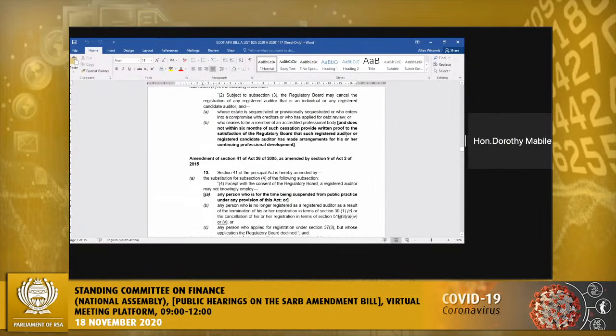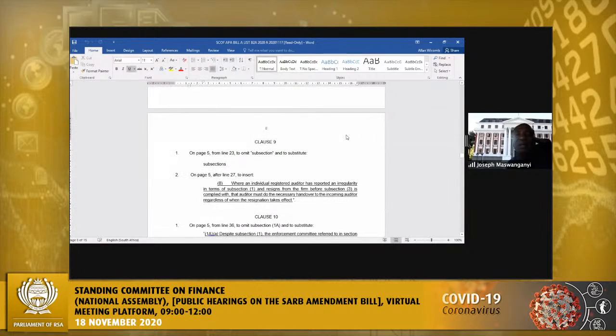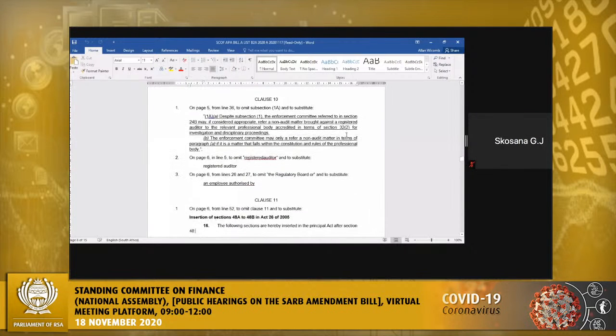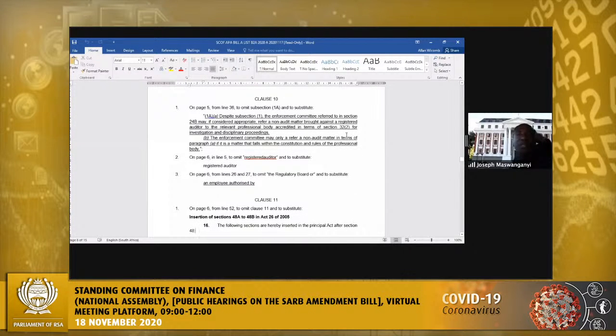Agreed. Clause 13, new clauses on page 5 from line 23, to omit subsection and to substitute sections; on page 5 after line 27, to insert that paragraph. Agreed. Clause 10, on page 5 from line 36, to omit subsection 1A and to substitute with that paragraph. Agreed.